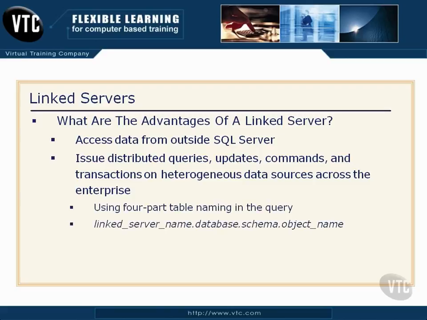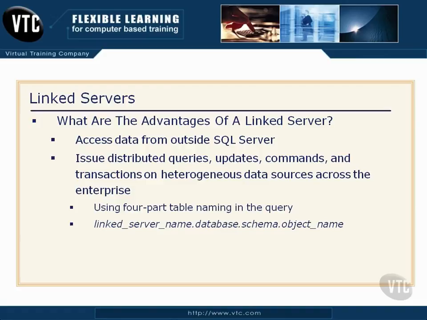That is, we put the linked server name, and in this instance I put database to make it a little easier to understand, but catalog, or the source of the data, that foreign data, the schema, and then the object name. If we were trying to do a distributed query to another SQL Server, we would create the linked server, and I'll talk about how to do that in just a moment.